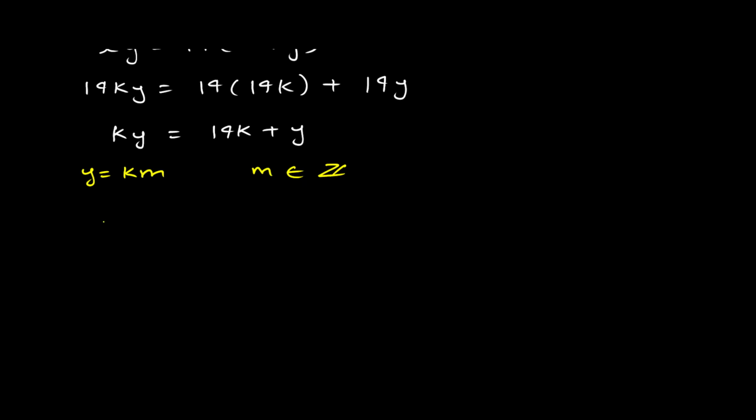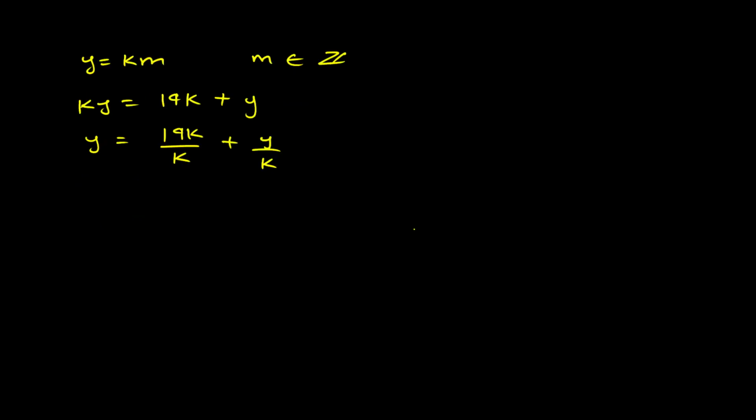All right, great. So let's rewrite our equation. So y is equal to 19k plus y, and recall that y is equal to km. So we could say that y is equal to 19k divided by k plus y over k, seeing that we assume that y is divisible by k because we have integer solutions as our final solution.